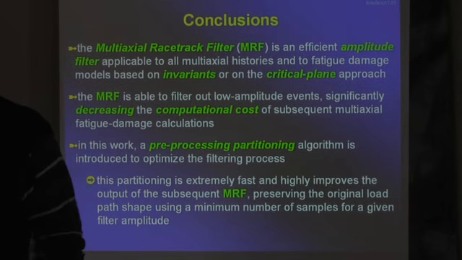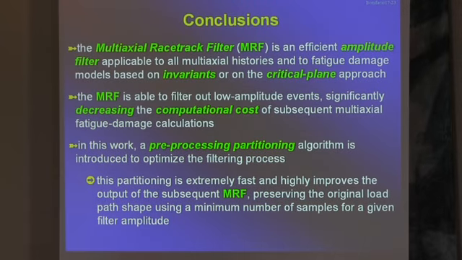So, conclusions. This improvement we are presenting today in the multiaxial Racetrack filter is a very efficient amplitude filter that's applicable to all multiaxial histories and to fatigue damage models based either on invariants or on the critical plane approach.